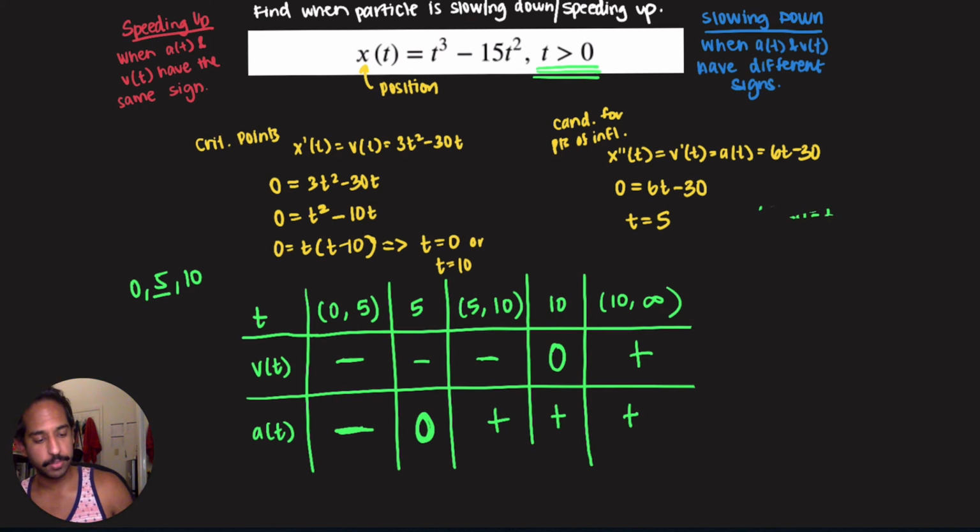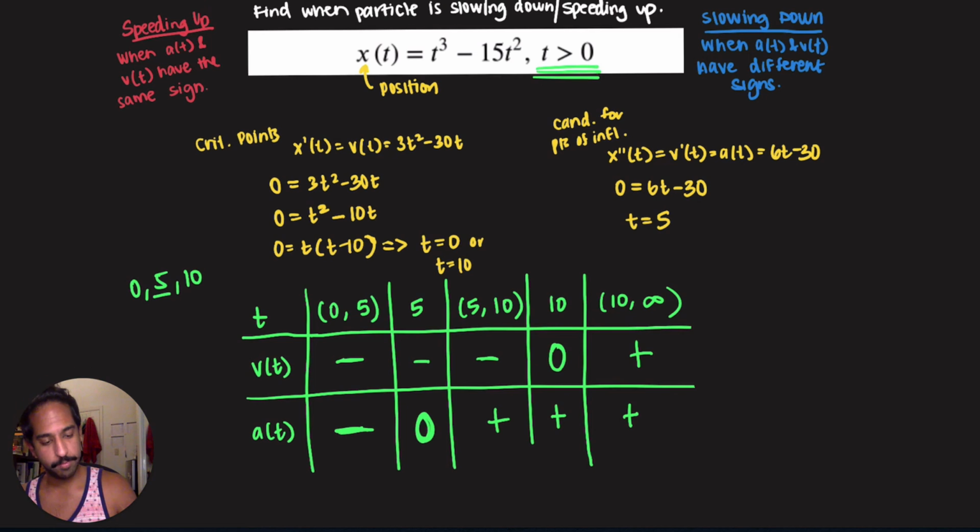All right, the final step is to figure out where we are slowing down and where we are speeding up. How do we do that? Well, we know that we are speeding up where the velocity and acceleration have the same sign. I see that happens in this interval, and I also see that happens in this interval.